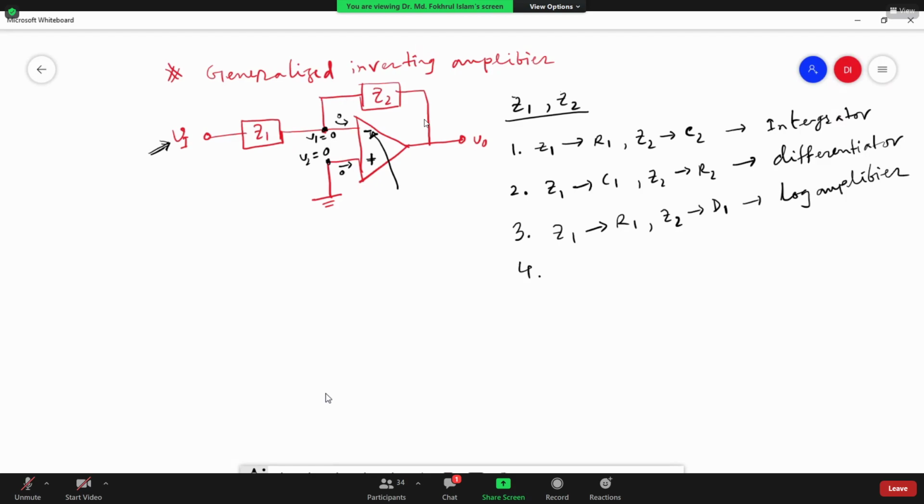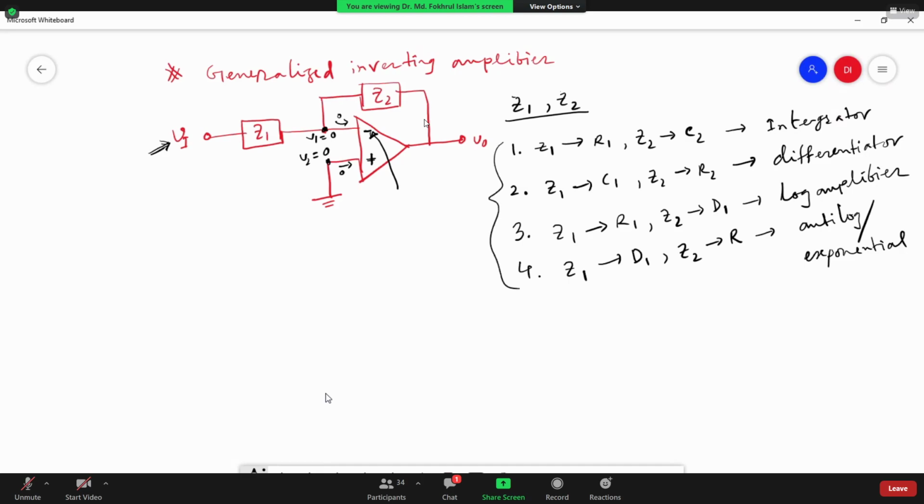Number 4, if Z1 is replaced by diode D1 and Z2 is replaced by R, then it will be an anti-log or exponential amplifier.